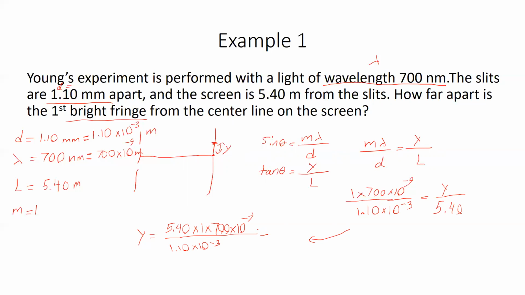If we do the calculation, it equals 3.4 times 10 to the power of minus 3 meters. So this y is the distance between the central bright line and the first bright line. Okay, thank you for watching.